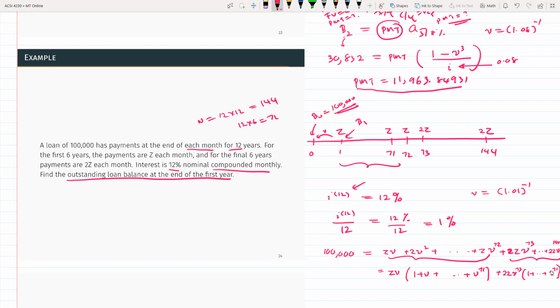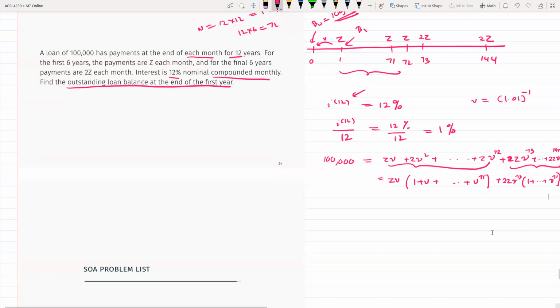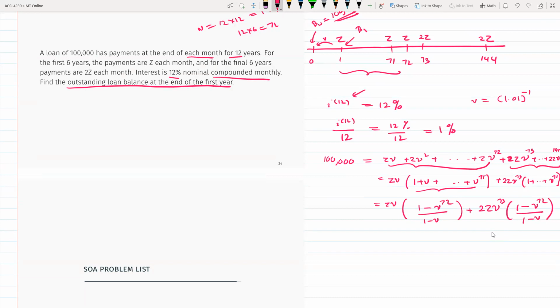So I have ZV times (1 minus V72) over (1 minus V), plus 2Z V73 times (1 minus V72) over (1 minus V). So I can calculate this value.